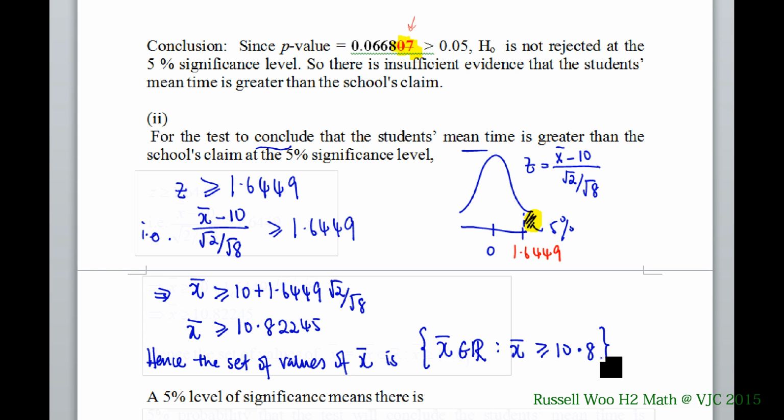Follow so far? In this case, we cannot use the p-value method because you can't use GC. When you can't use GC, it is because the x bar wasn't given. One more time, just recap. You want to end up in the rejection region.